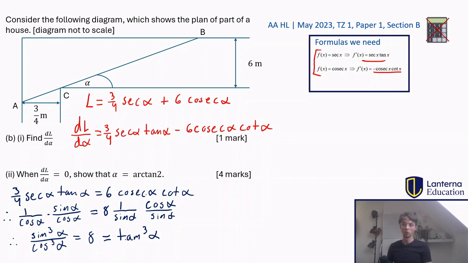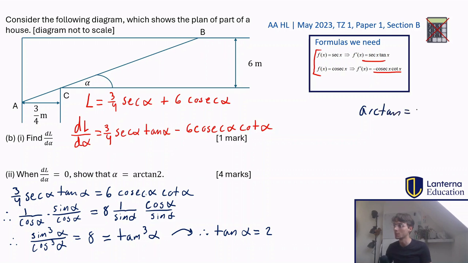And how do I get rid of a cubed? Well, I just take the cube root of everything, and if I take the cube root of both sides, finally I get that tan alpha is 2. And if I take the arctan on both sides to get rid of the tangent, let me write that over here because I know this confuses some people.